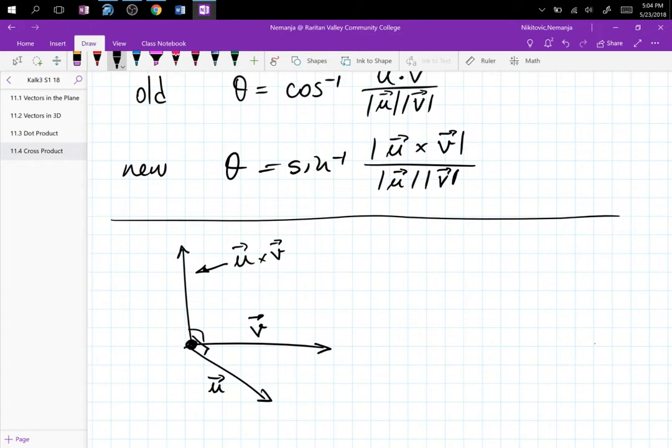If you want to do v cross u, then clearly you have to point your thumb down. So I'm still going to draw the same configuration for vector u and vector v. I don't want that to change. But what is going to change is that now v cross u is going to be below.